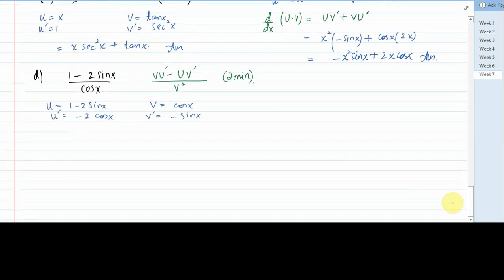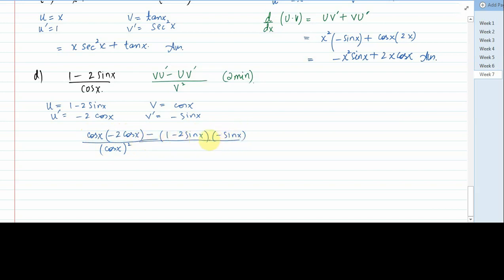Now I'm going to apply the working formula, which says in the denominator we have v square, and v is cos x, so cos square x. In the numerator, v is cos x, derivative of u is minus 2 cos x, v derivative of u minus u, and u is 1 minus 2 sin x, and derivative of v is minus sin x.